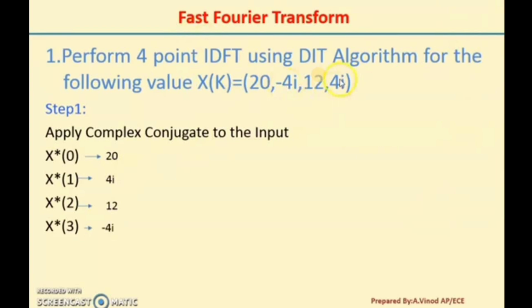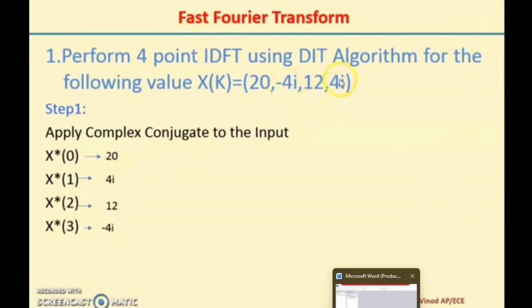Complex conjugate means if I have a minus i, you have to take it as plus i, and vice versa. So you have to write here 20, 12, 4i and minus 4i.